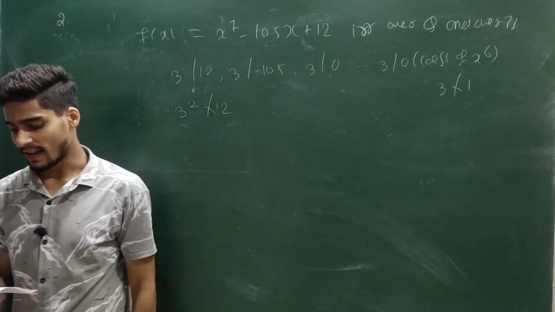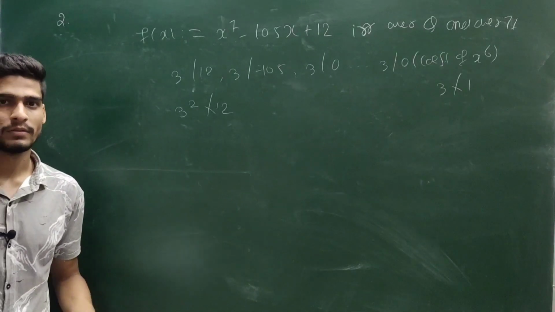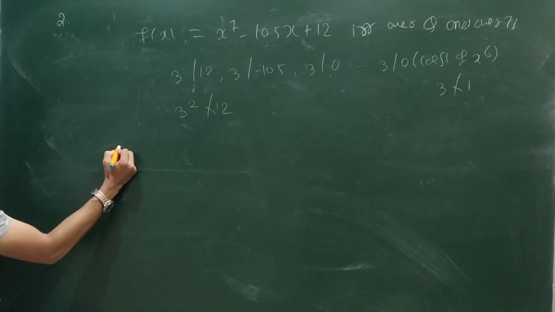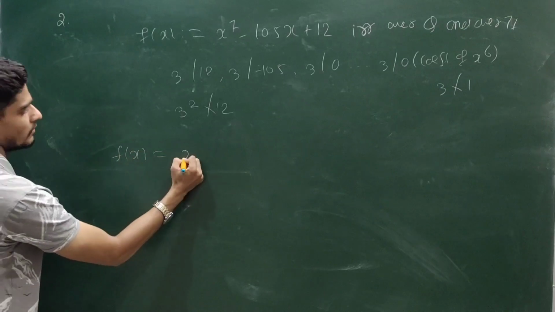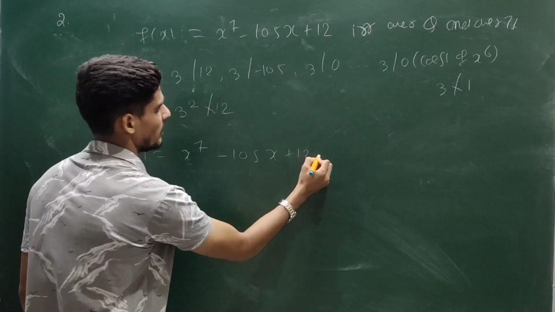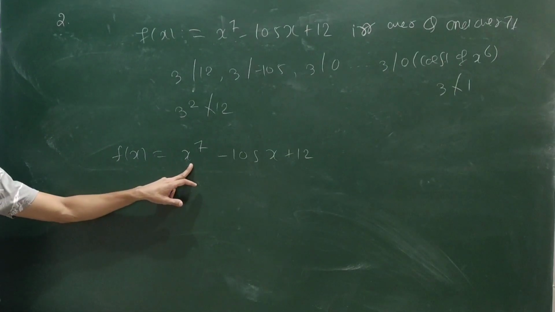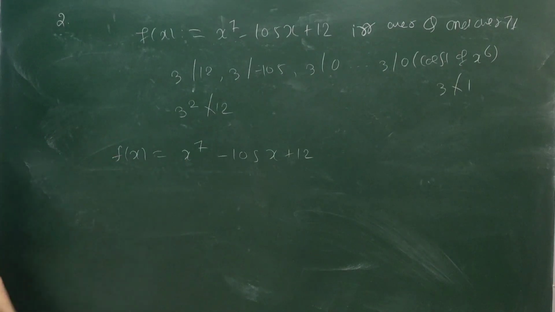Option B, there exists an integer m such that fm is equal to 105. Let me see this problem. Your fx is x power 7 minus 105x plus 12.